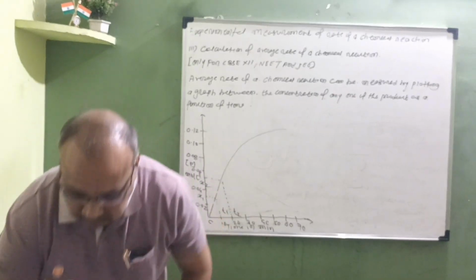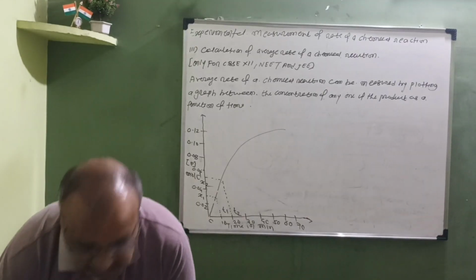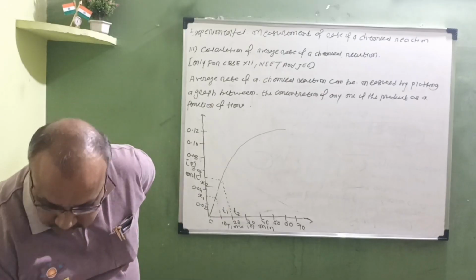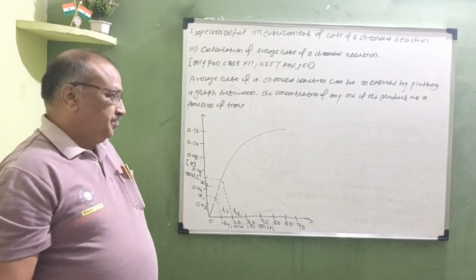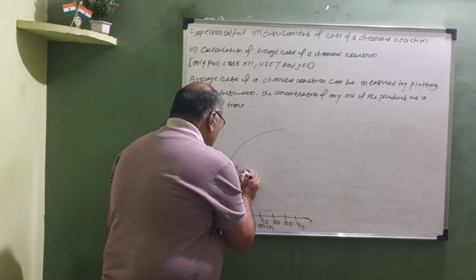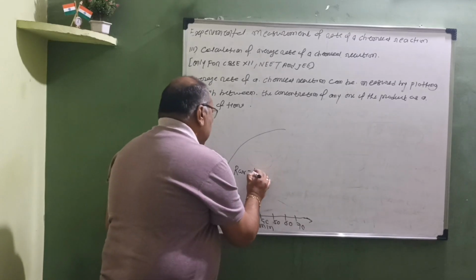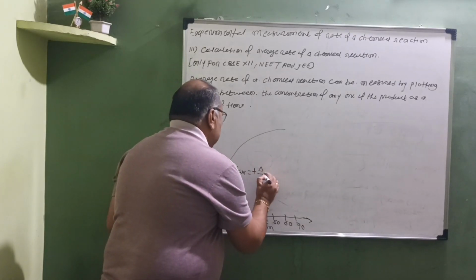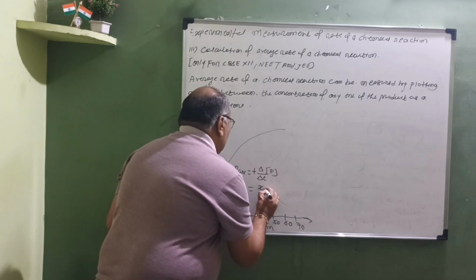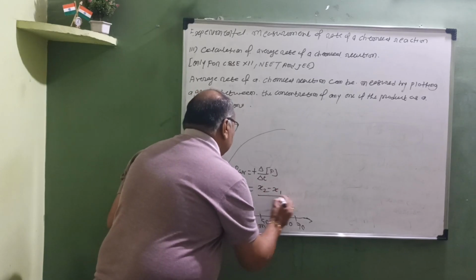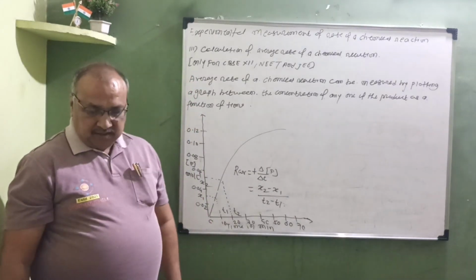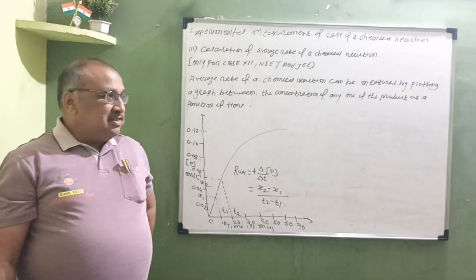That means here R average is equal to plus del of concentration of P upon del t, which is equal to x2 minus x1 upon t2 minus t1.